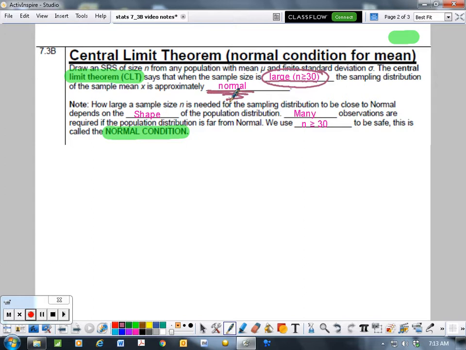So now our normal condition for means is that n has to be large. It just has to be greater than 30.